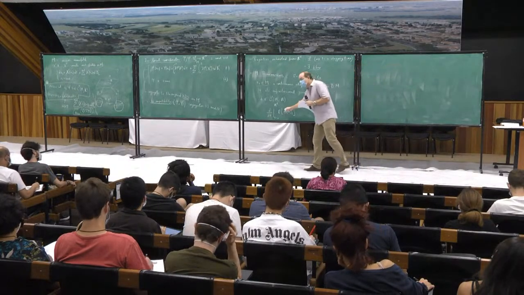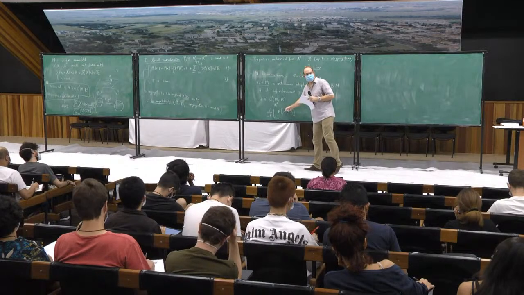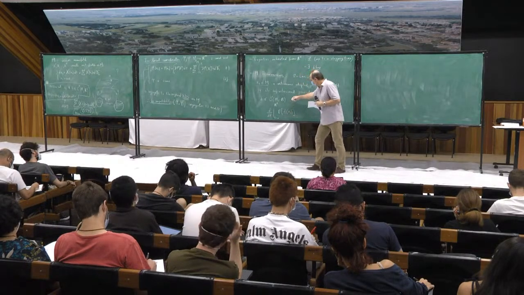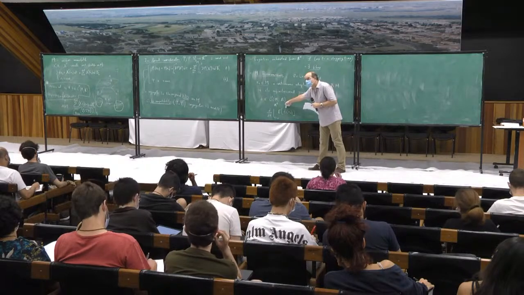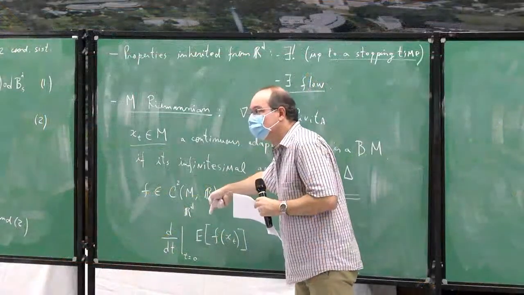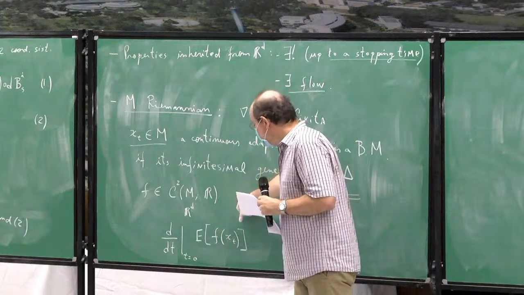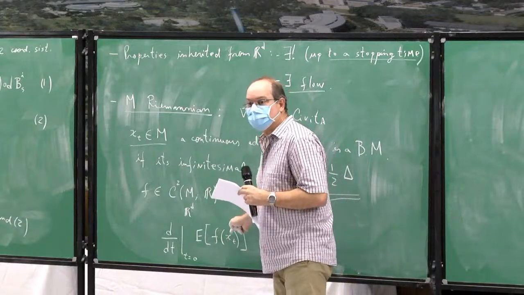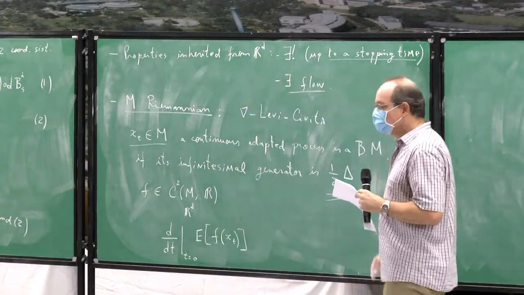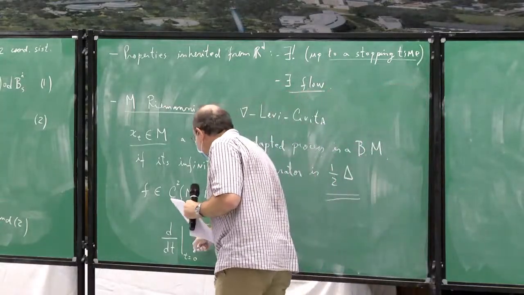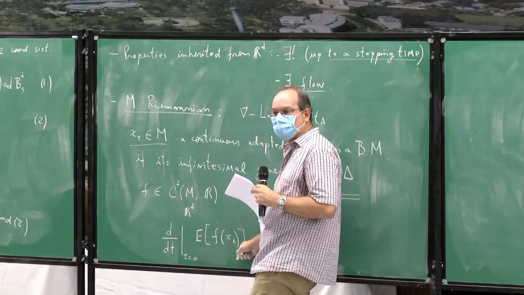So if we apply the Ito formula to F, we separate the initial condition, the martingale part, and the bounded variation part. When we do that, the expectation of the martingale starting at zero is always 0.